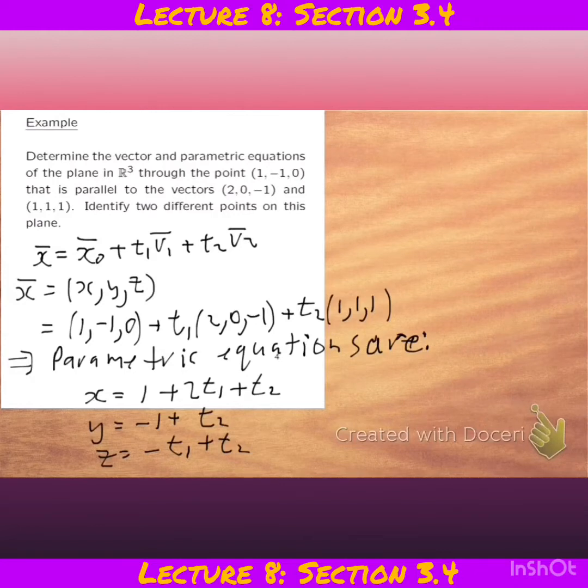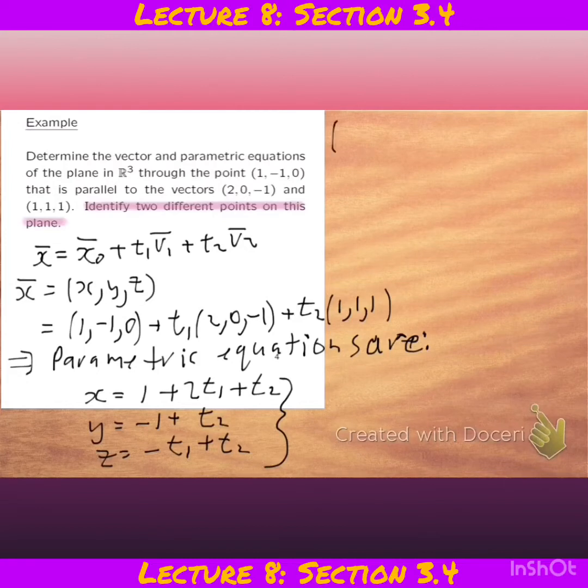Okay, now they just ask us to identify two different points on this plane, and that's not difficult to do. We have the parametric equations, so we can just choose 2 points on the plane.